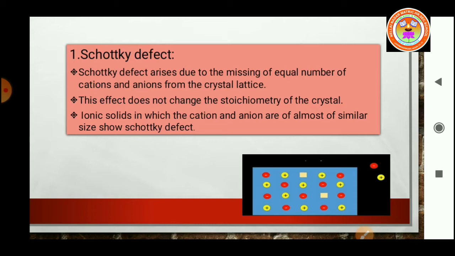In this case of stoichiometric defects, ionic solids in which cation and anions are almost of similar size. The super example for Schottky defects is NaCl.